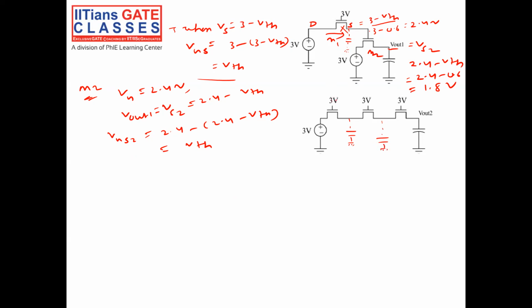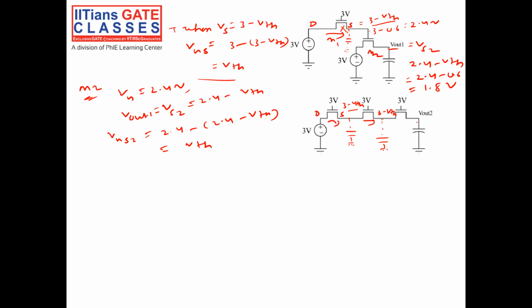Since this is my drain and this is my source, the current will flow, and this potential will rise up to 3 minus Vth. For the next transistor, since my source potential is 3 minus Vth, it will be on and again charge up to Vg minus Vth. After that, it will be off.